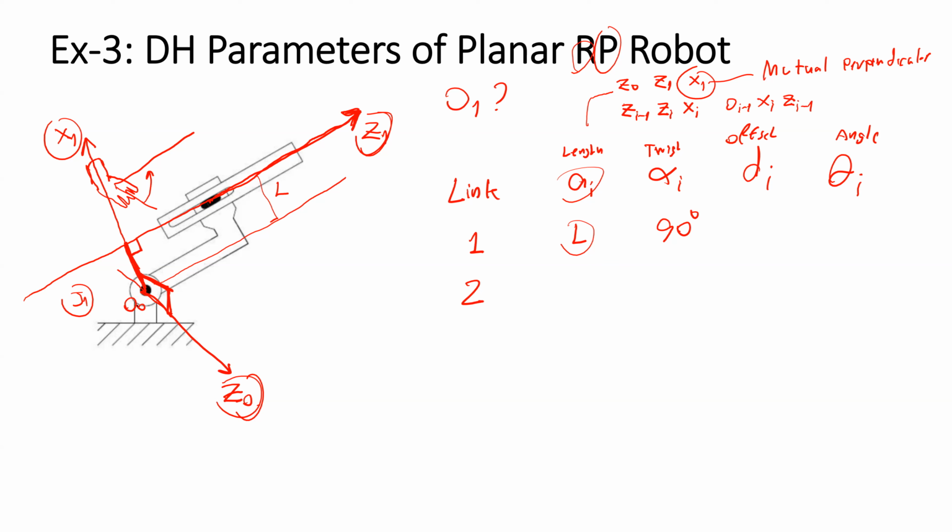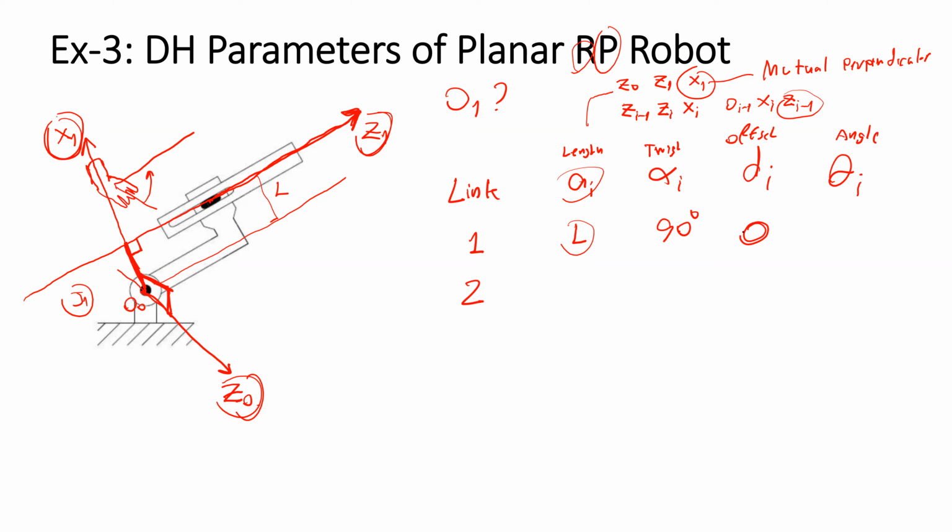You need to measure the distance from O0 to X1 along C0. In this case, we can see that the O0 is already on X1. So the offset will be 0.